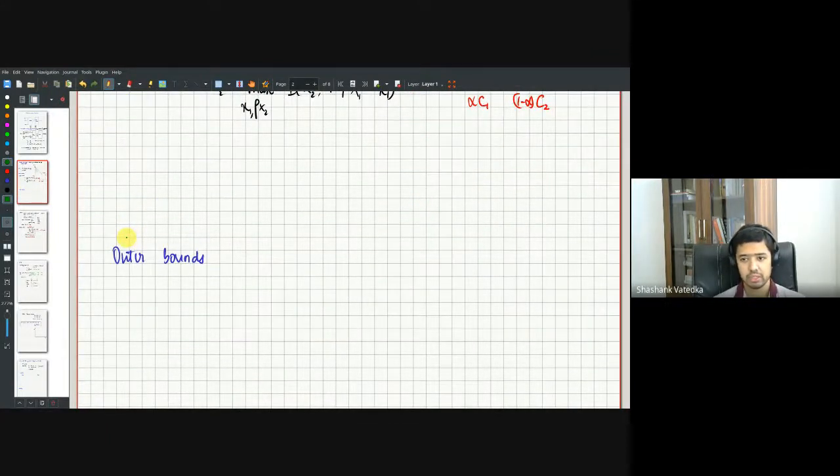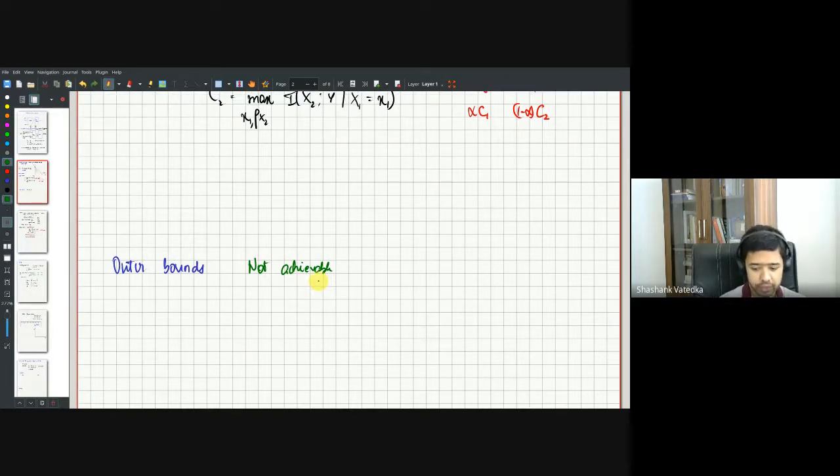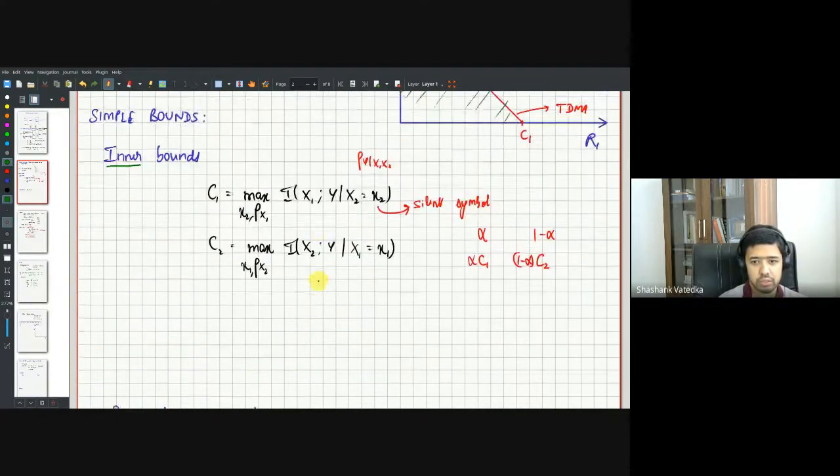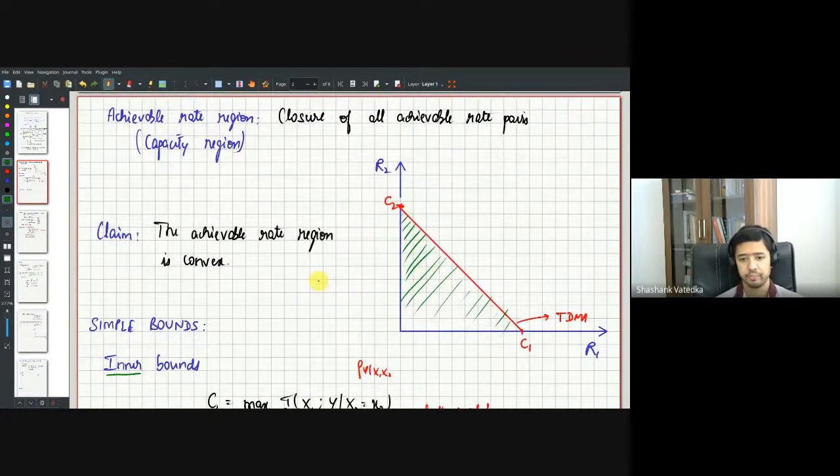What rate regions do we definitely know are not achievable? The actual capacity region is going to lie inside some particular region, and that is given by an outer bound. Ideally, we are happy if the inner and outer bounds exactly match, but that in general is not possible.